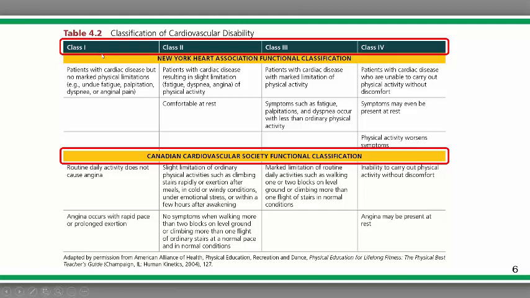So we see here that for example, in the New York Heart Association, patients with cardiac disease but with no marked physical limitations would fall under class 1.